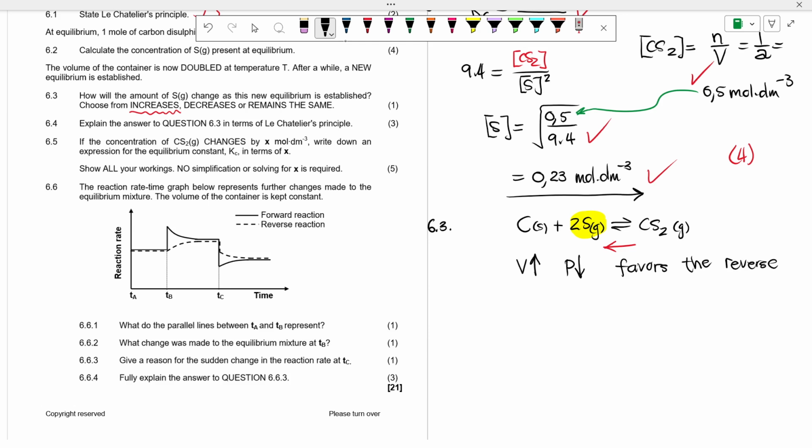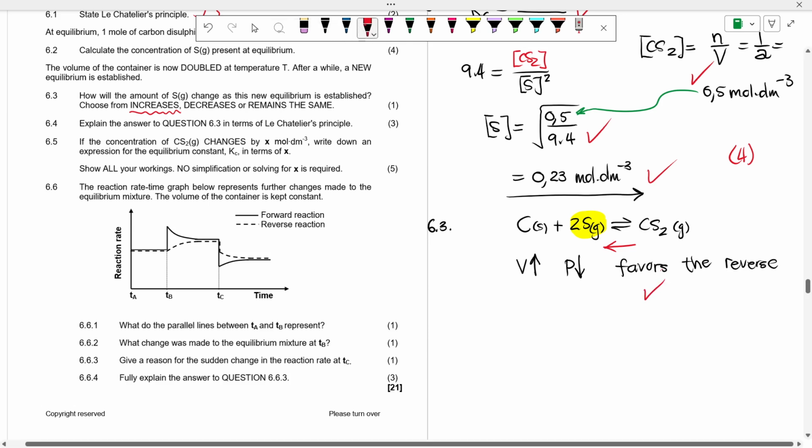Then according to Le Chatelier's principle, decreasing the pressure will favor the side that produces more molecules. And when that happens, it means you are favoring the reverse. And that's it. This is how many marks? 3 marks. So you already have 3 points there.